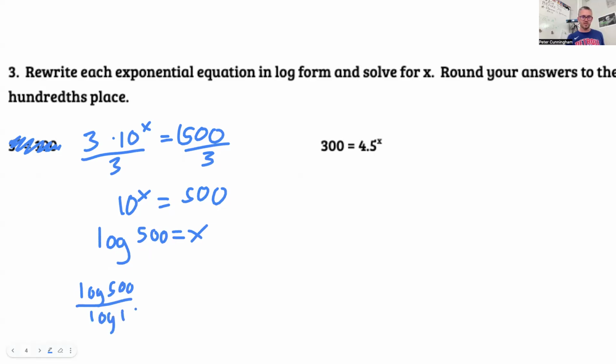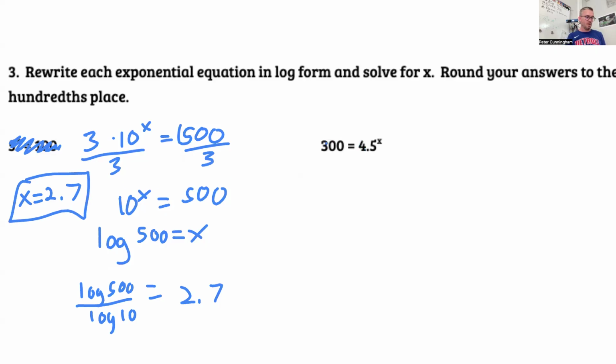You get the same answer either way, which would be 2.7. So x equals 2.7. If you would have just put log 500 into the calculator, you would have got the same thing because log 10 is just 1.